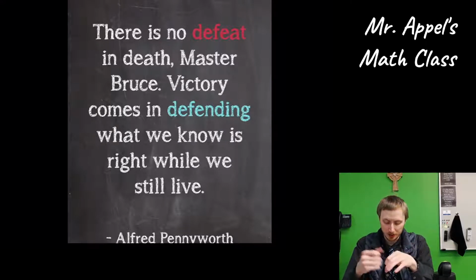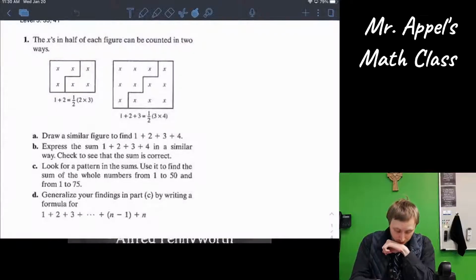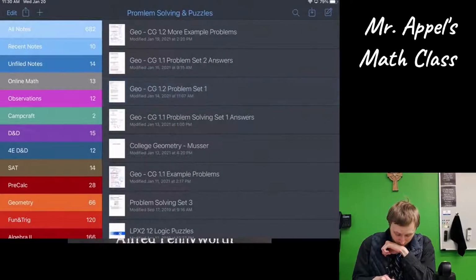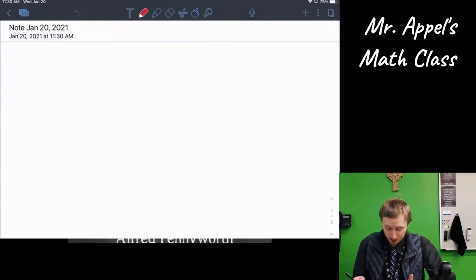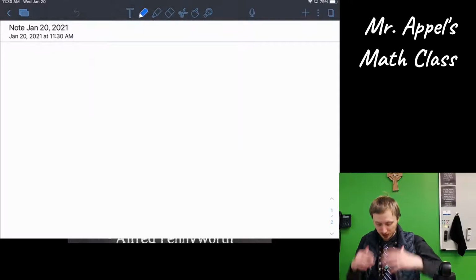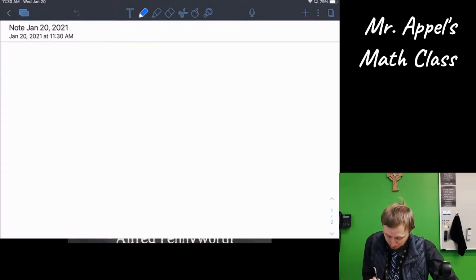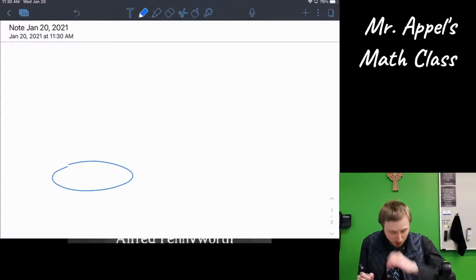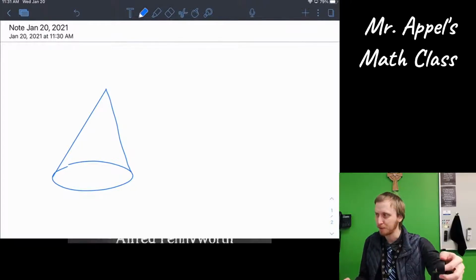And I wish I had, you know what, before we go there, I'm just gonna real quick sketch a little something, just to give us an overview of where we've been. Conic sections are slices of a cone, right?